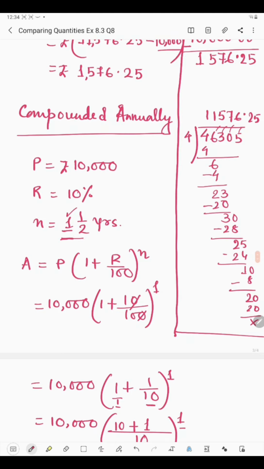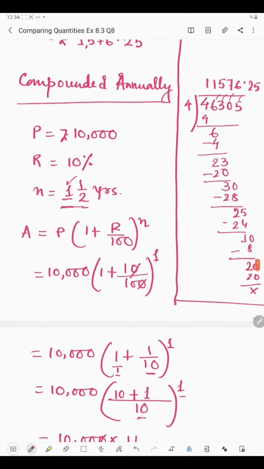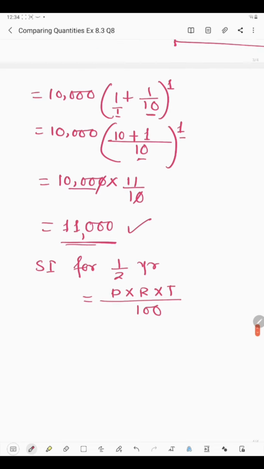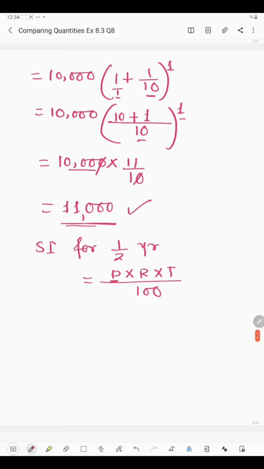Okay. Now another half year you need to find, so interest will be charged on this amount. Okay, so here we will find SI, SI for the half year. So SI for the half year will be P into R into T divided by 100. So here this principal will be the amount, so it's 11,000.